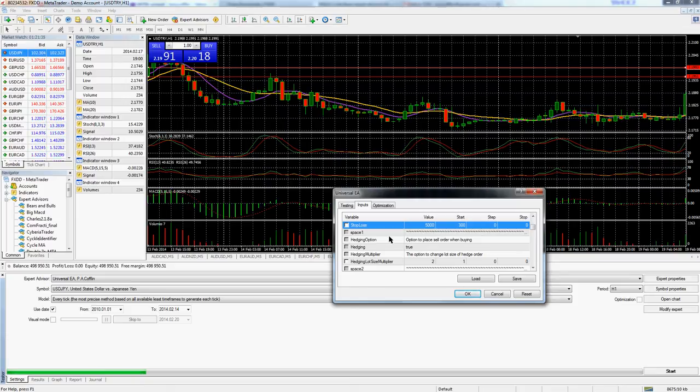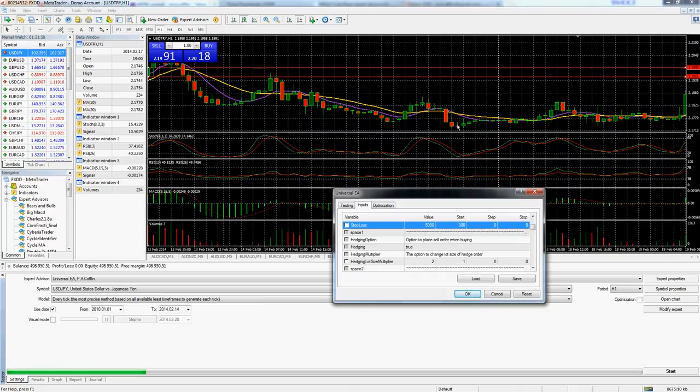Hedging is anytime an order is placed, it places the opposite order as well. So if a buy signal is placed and a buy stop is placed, it puts a sell stop as well. It's just a way to protect your open order or protect your position in case you do peak trading.